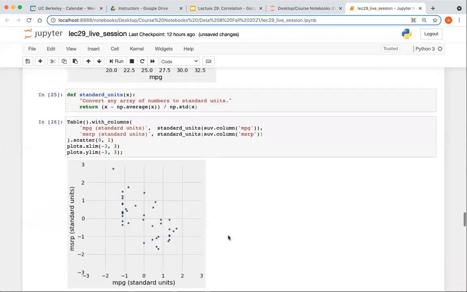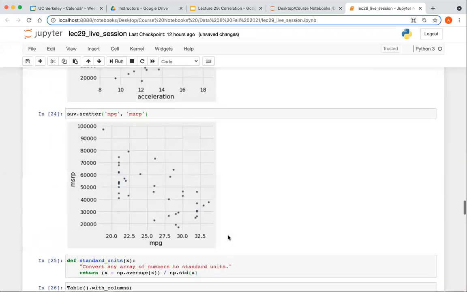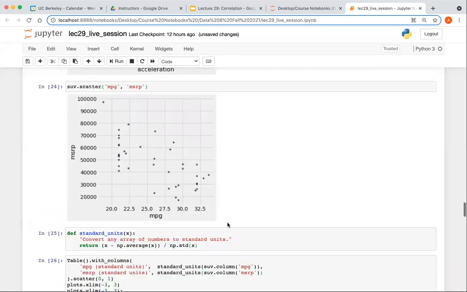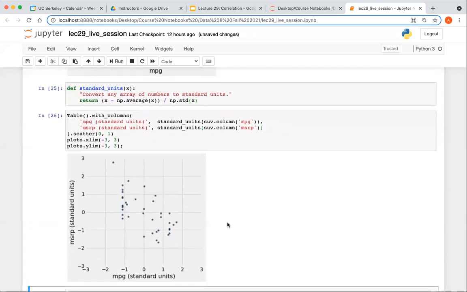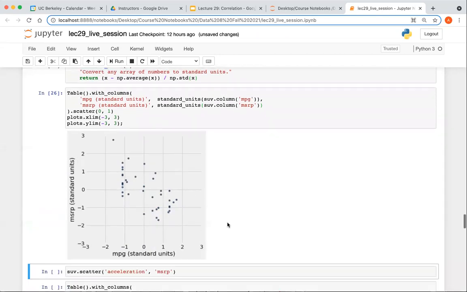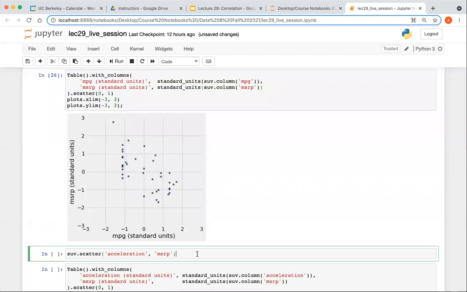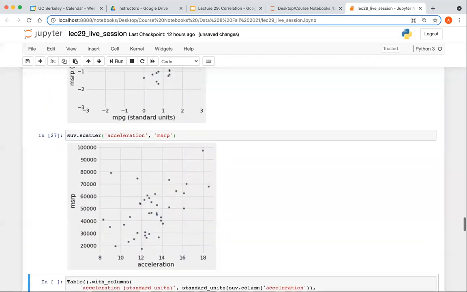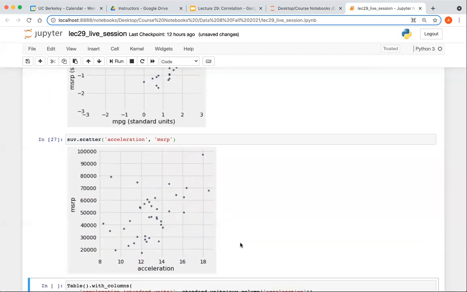And you can see this is the same picture as this one, just on a slightly different scale. Okay, the standard units are going to be important as we start devising a measure of how linear this is. Okay, and so also with the acceleration versus price.